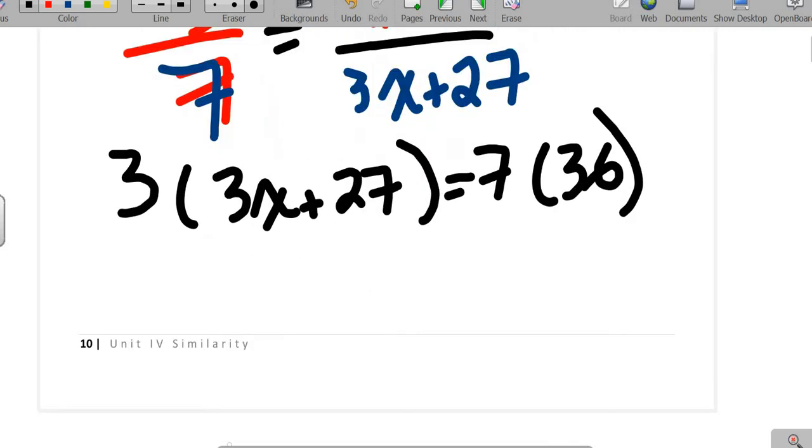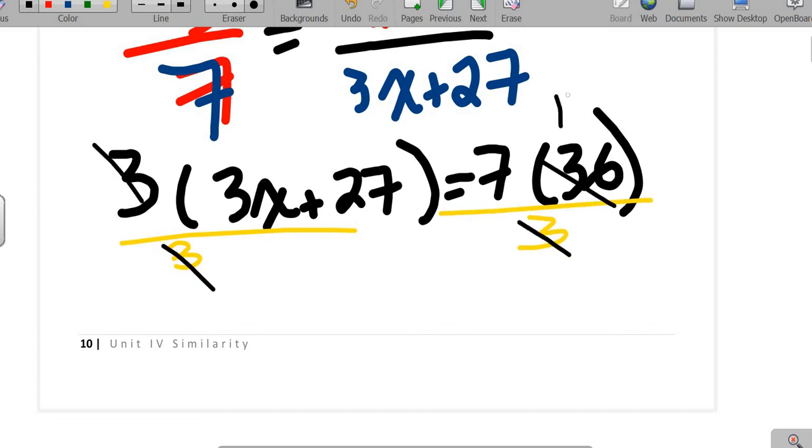You want to multiply 3 and 36 out, or 7 and 36? That's fine, but instead I'm going to take a shortcut and divide that 3 out. 3 goes in there 12 times, so I have 3x plus 27 equals 84.